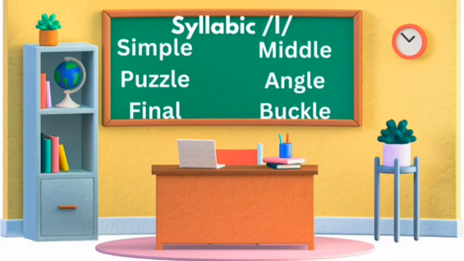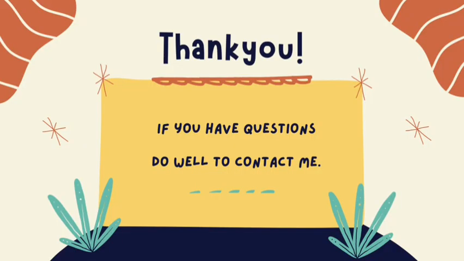There are lots of other examples. The syllabic L usually comes after the consonants p, b, t, d, k, g, s, z, m, and n.